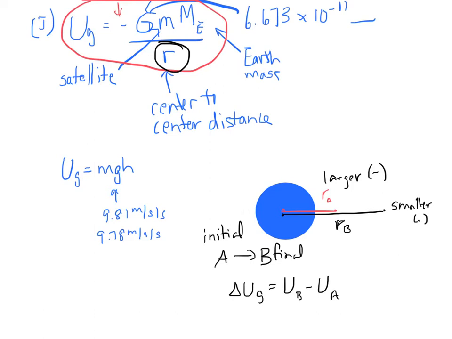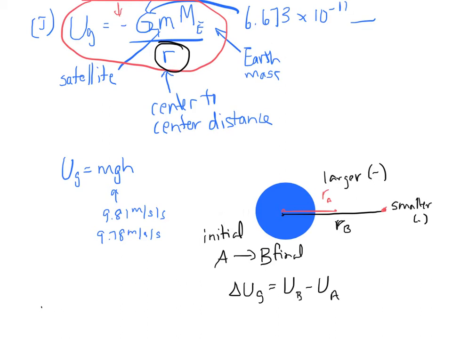You would expect that I would be gaining gravitational potential energy the further I get away from the center of the Earth, just like I do with MGH. The higher you are above the surface of the Earth, the greater the gravitational potential energy that the object possesses. So likewise, you would expect something that's further away, out at that point right there, to actually have greater gravitational potential energy.